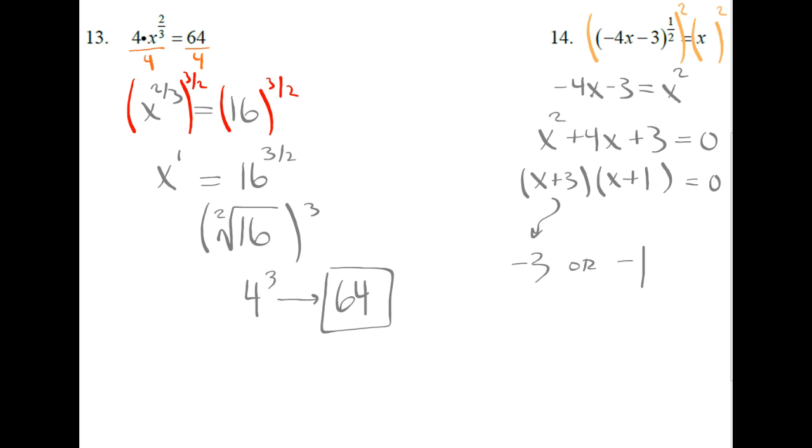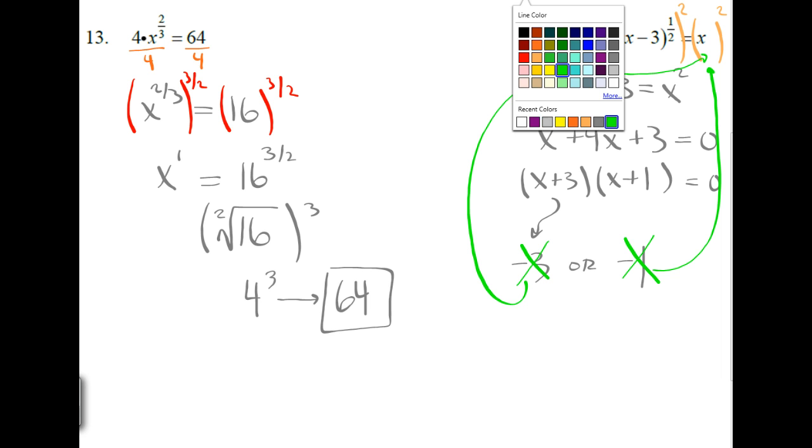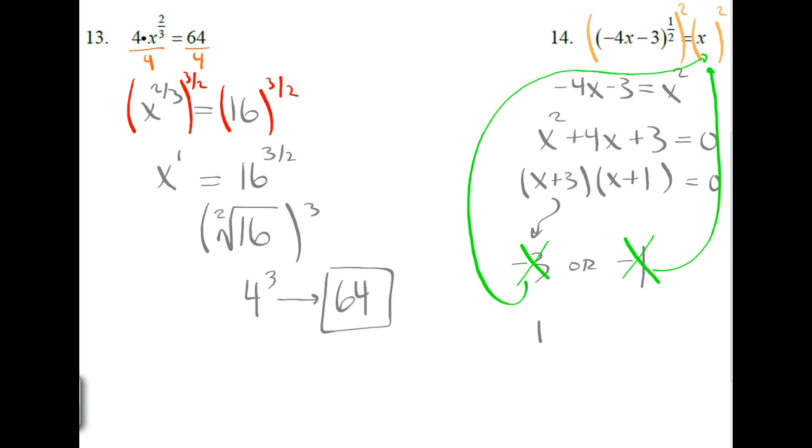I take a look at those and check them for any extraneous solutions, and lo and behold, they're both going to be extraneous. So really, this has no solutions. They are both extraneous, so I'm going to say this is no solutions, both extraneous.